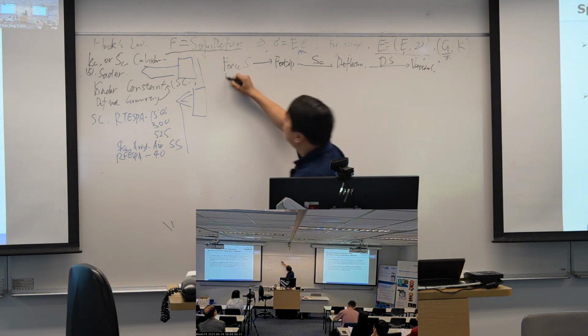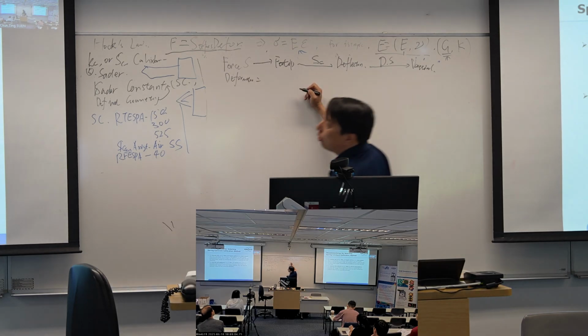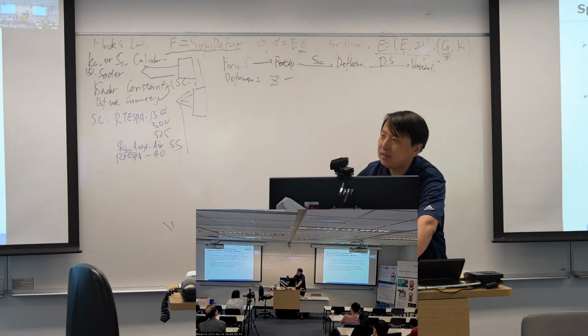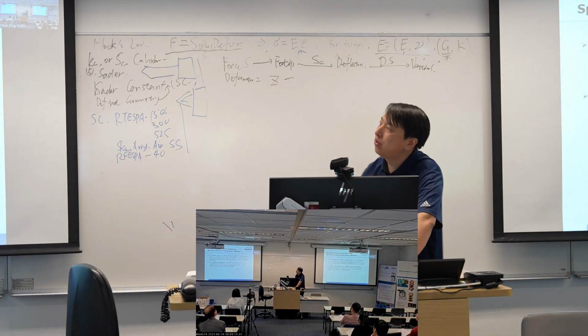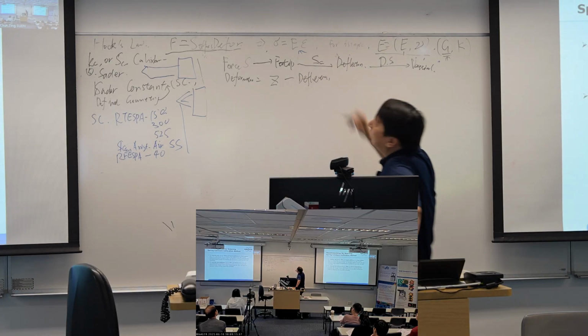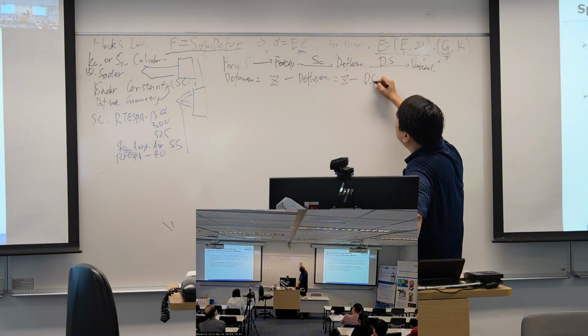And the deformation equals the Z, I'm sorry, the Z here means the Z displacement of our scanner, minus the deflection. Of course, it equals Z minus deflection sensitivity times vertical.